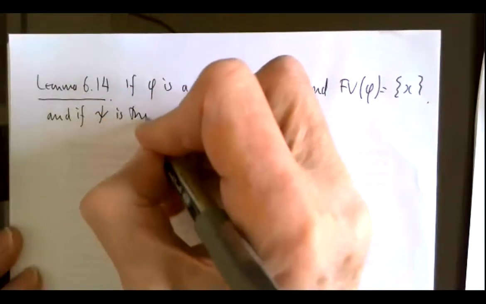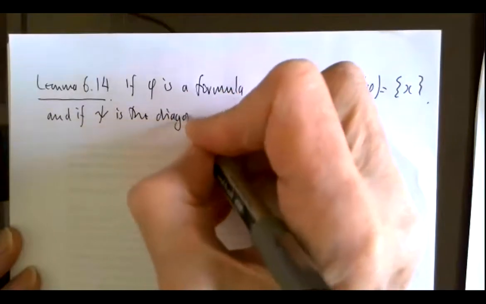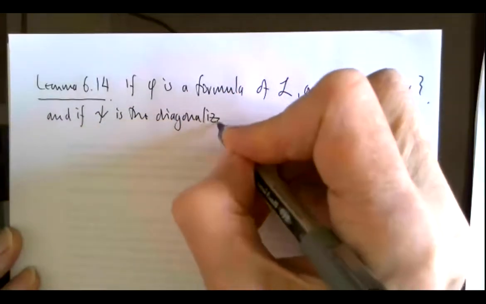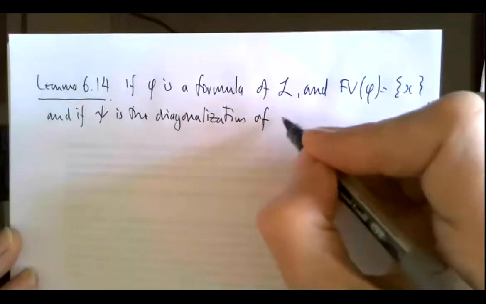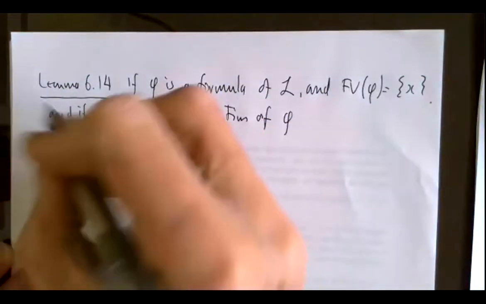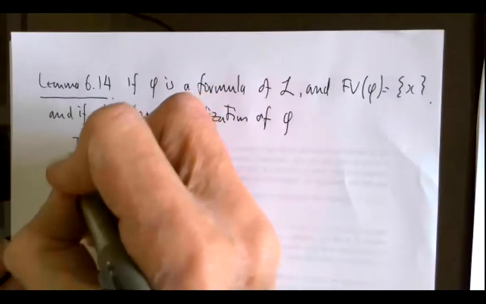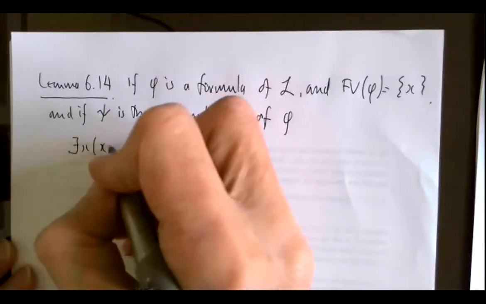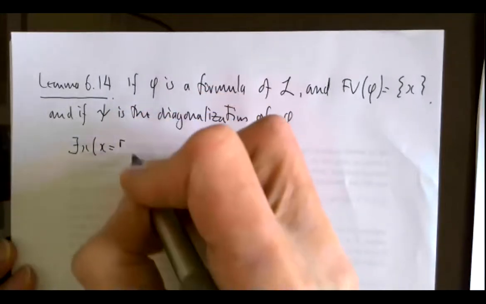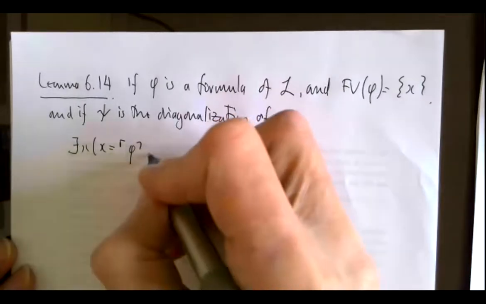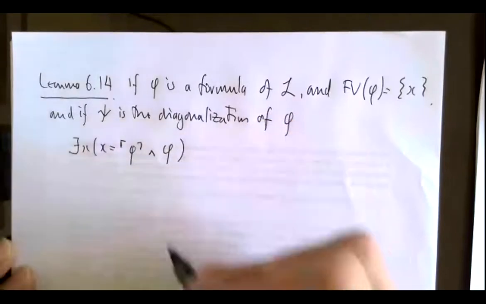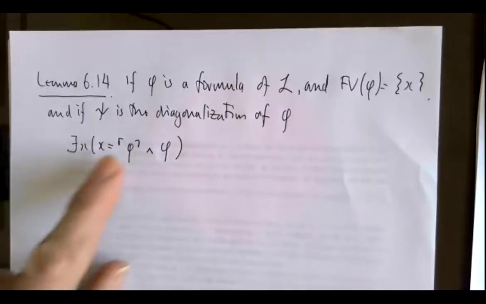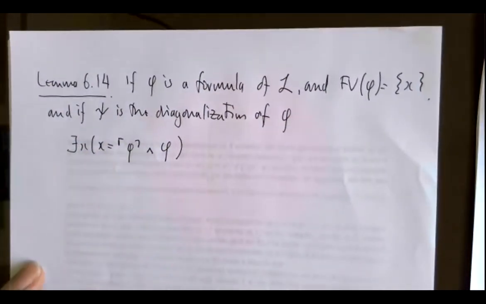Psi is the diagonalization of phi. What does this mean? Again, just to remind us, this is saying there is an x, this is x equals the code numeral for phi, and phi. So this is literally what psi is.